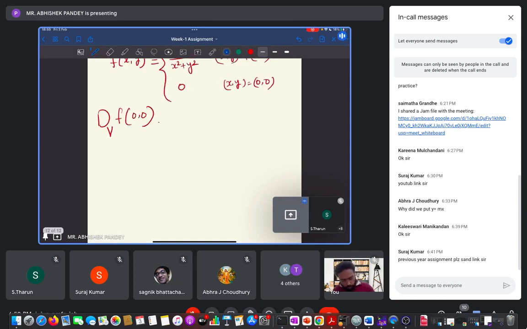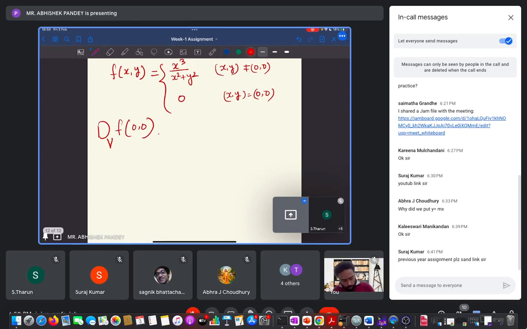So for this, let v equal small u comma small v. We need to find the limit t tends to 0 of f of 0 comma 0 plus t u comma t v minus f of 0 comma 0 upon t.